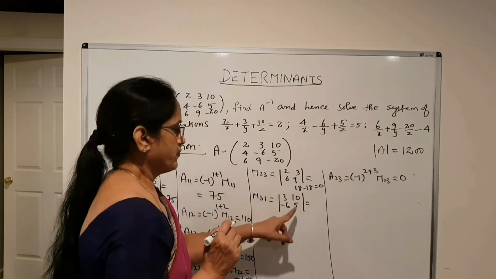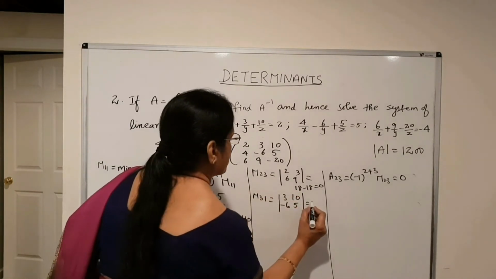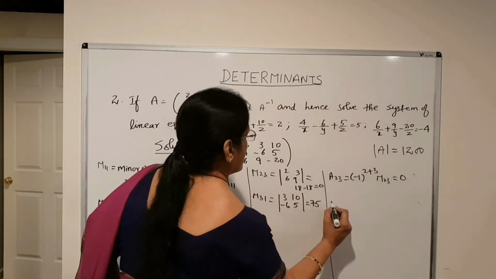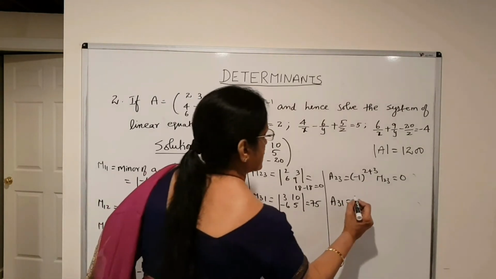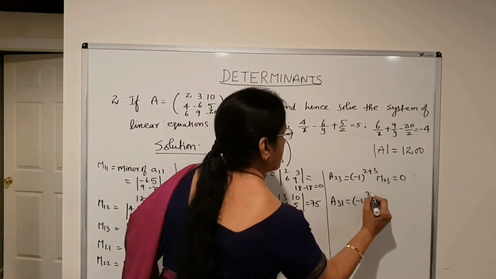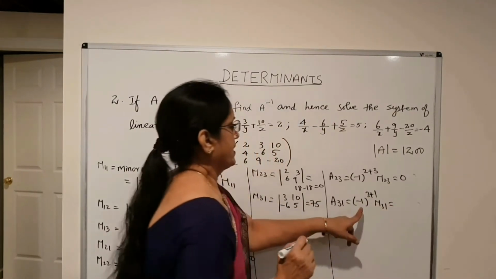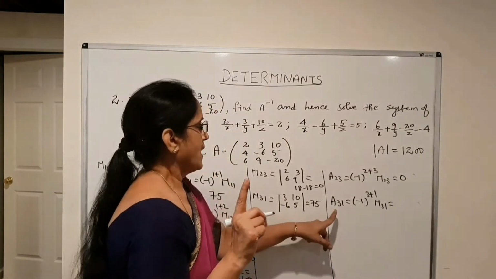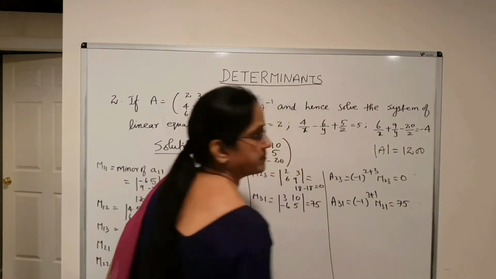This will be 15 plus 60, which is 75. So, the corresponding cofactor A31 is minus 1 to the power 3 plus 1 into M31. Minus 1 to the power 4 is 1 and M31 is 75. So, 1 into 75, 75.